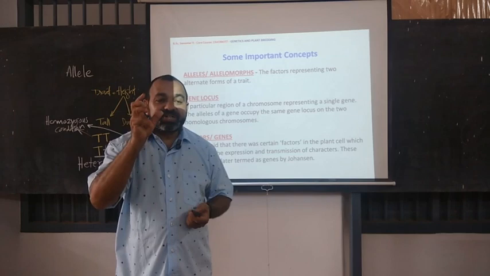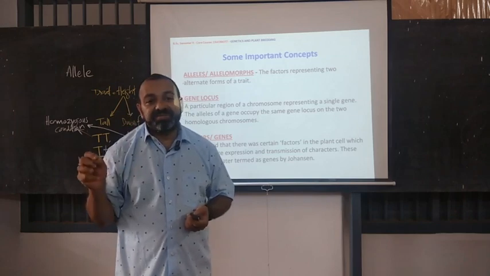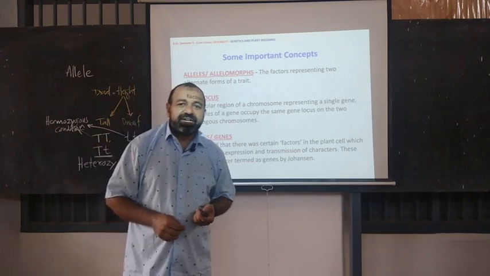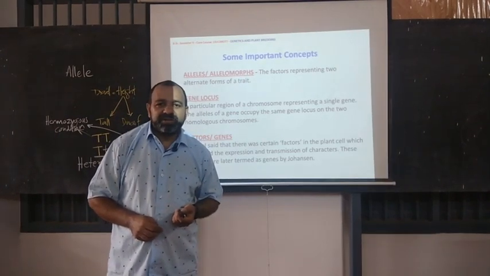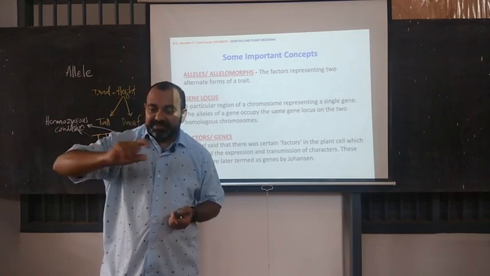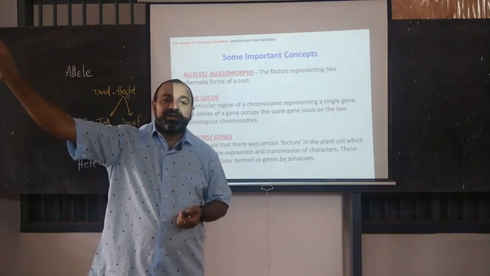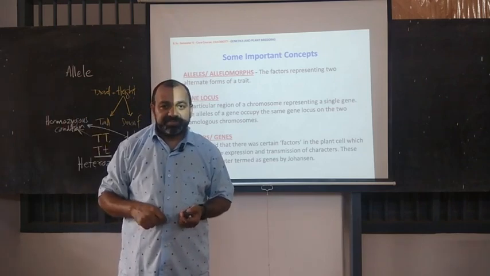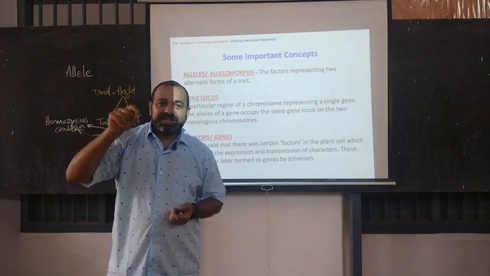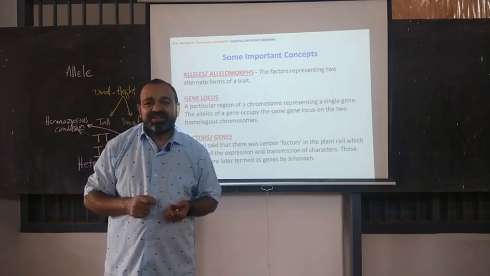So gene is a functional unit that will produce a character or a trait. So there are several genes present in the entire chromosome. Okay? There are several genes present in the DNA. Okay.